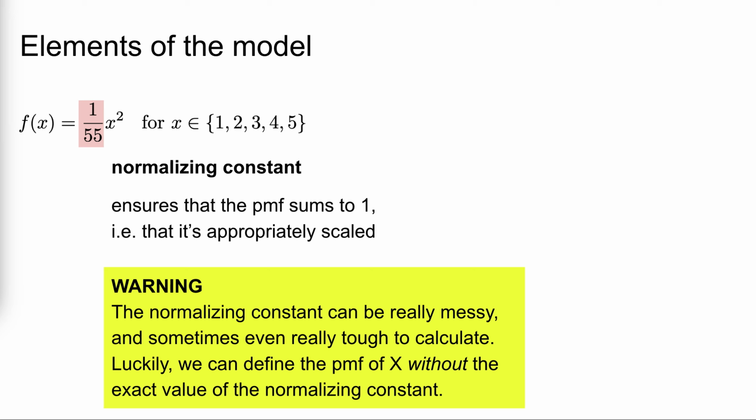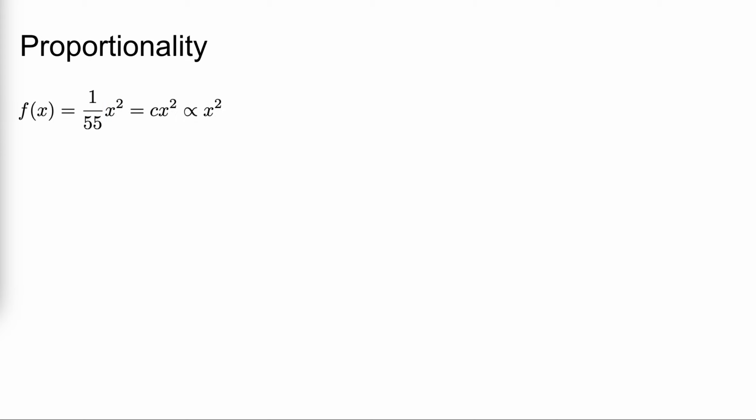Luckily, it doesn't hold any important information about x that isn't already accounted for by the kernel. Thus, we can define the PMF of x without the exact value of the normalizing constant. Mainly, recognizing 1/55 as just some constant c will often drop the constant from our formula. That is, we'll simply note here that the PMF f of x is proportional to x squared.